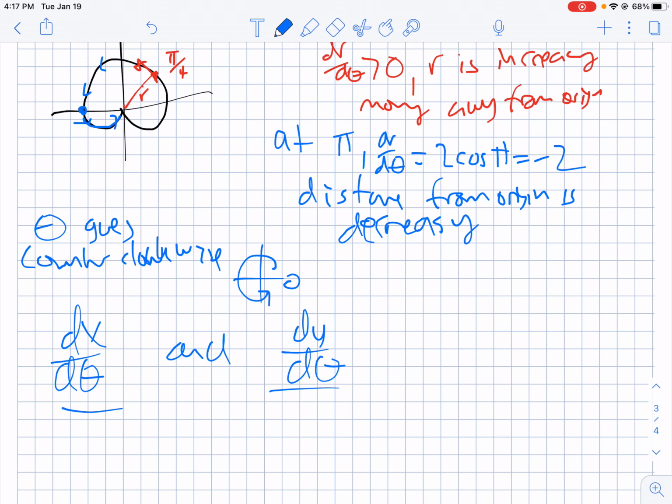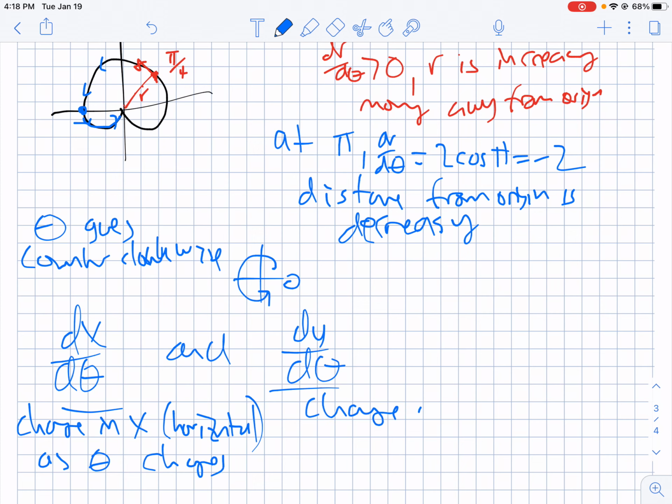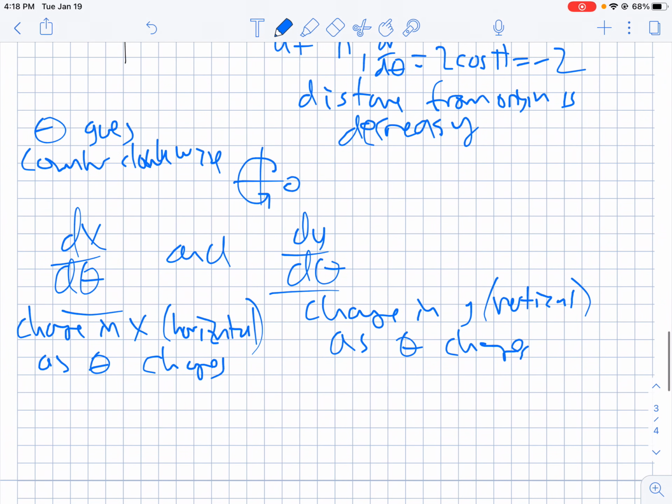So what those are is dx d theta, the change in x, which is our horizontal change as theta changes. And then dy d theta would be our change in y, which of course is vertical, as theta changes. So on a graph, say we have this same graph.